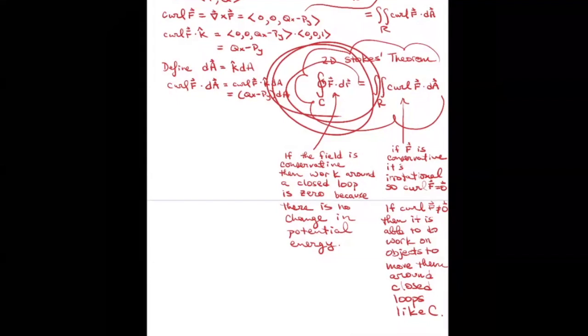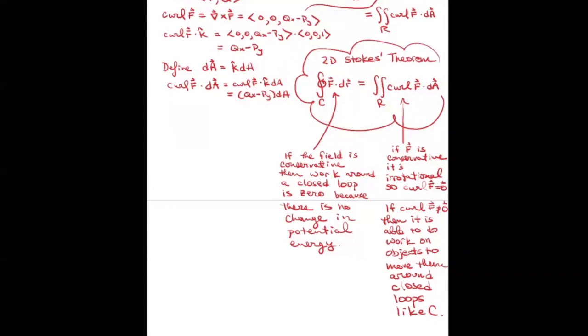And that can only be done if the field is rotational. There must be a curl for that integral to not be 0. Okay? So that's really important. And a visual representation of what?